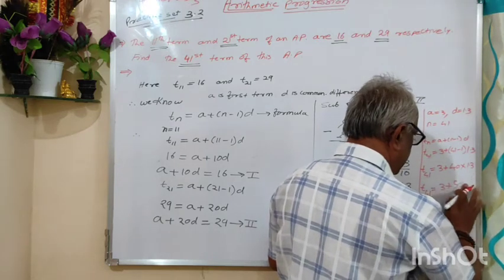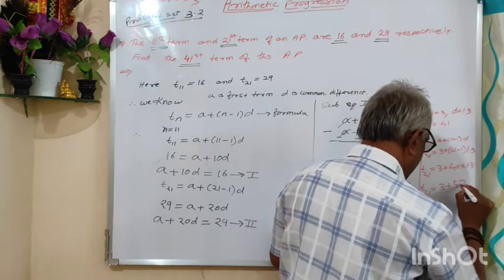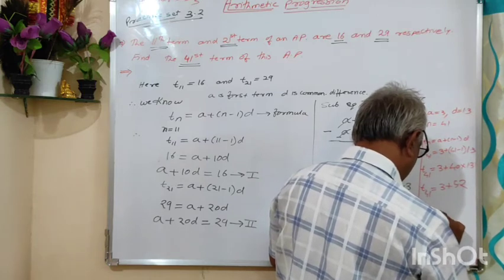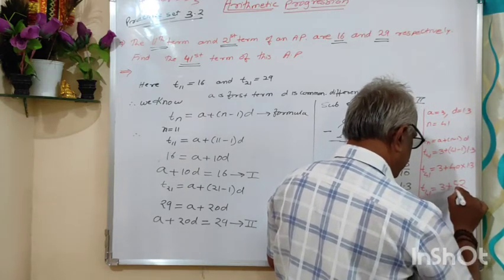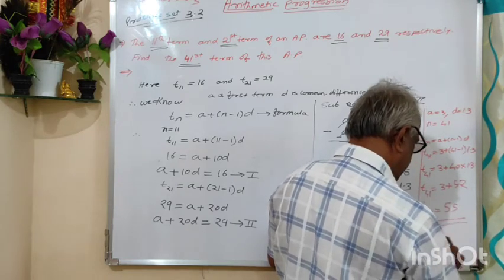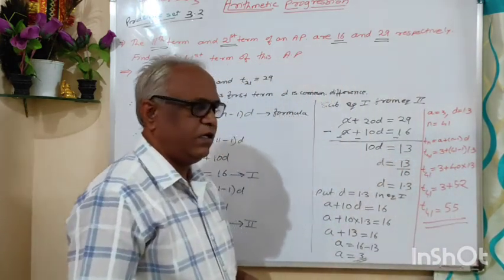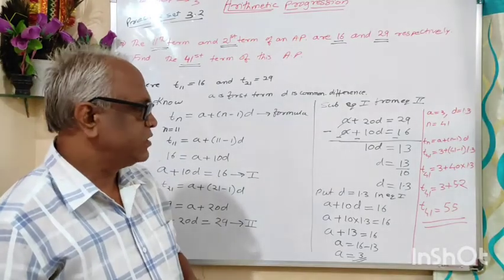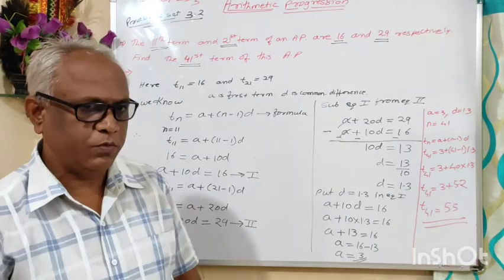Sorry, that is 52 you will get here. Then T41 is equal to 3 plus 52, that is 55. That is, the 41st term is 55. Here you can take the screenshot and write in your notebook.